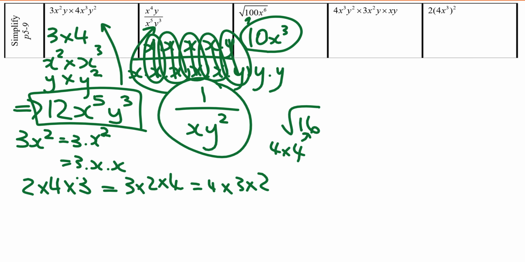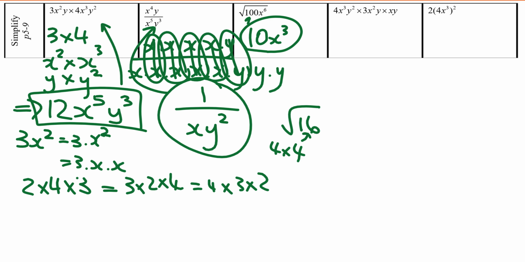Next one. These are the ones you guys have been doing. So how do I do this one? Let's do it in parts. Can everyone see this has got numbers? It's got x's and it's got y's. So we do the numbers first. Sean, what have we got there for the numbers? 4.